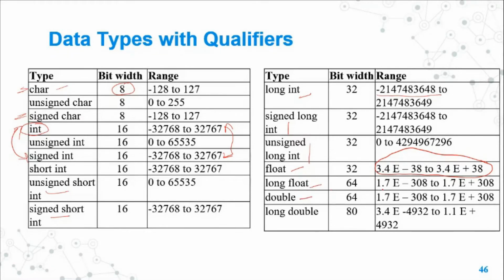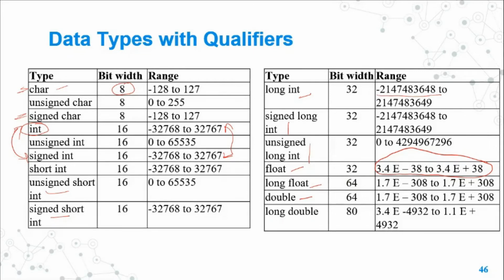Long float is equivalent to double, with a range of 1.7e-308 to 1.7e308. That is too large a number. It has 64 bits, that is 8 bytes of memory. Then long double is again more than that.